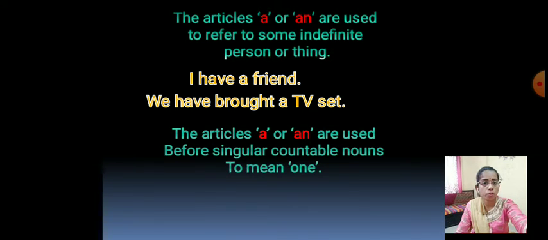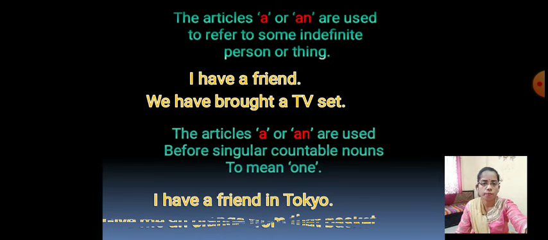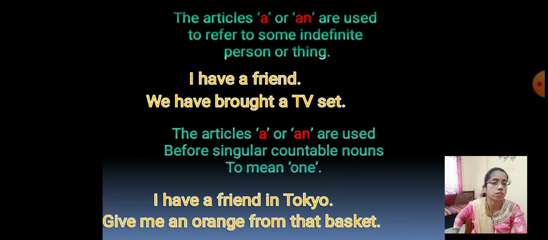We also use them before singular countable nouns to mean one. I have a friend in Tokyo. Give me an orange from that basket. Orange, the sound O is a vowel, so before that we use an.